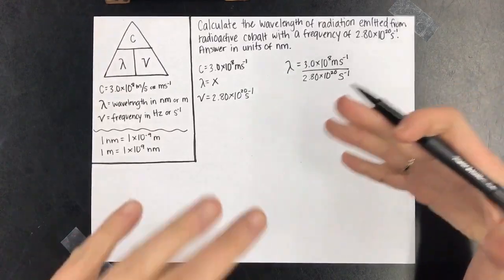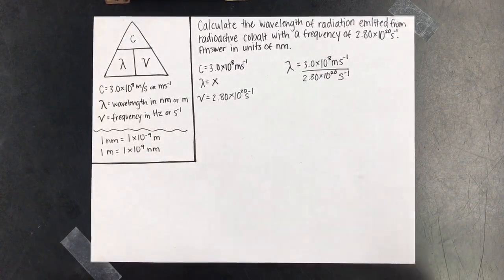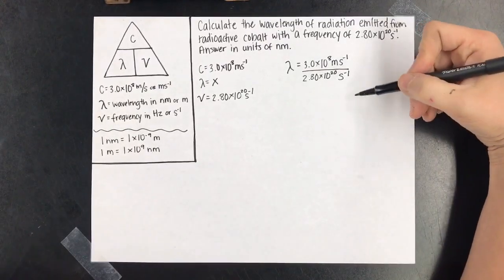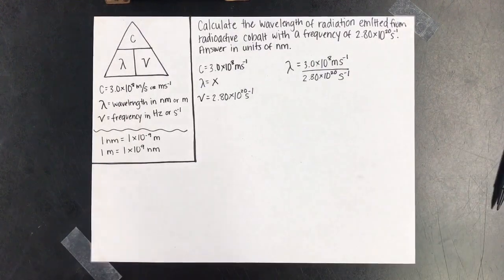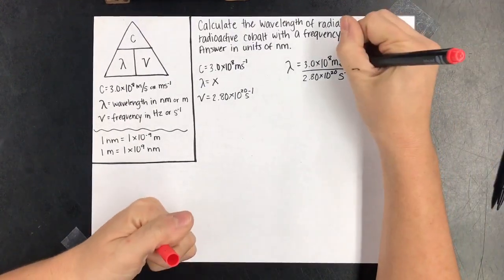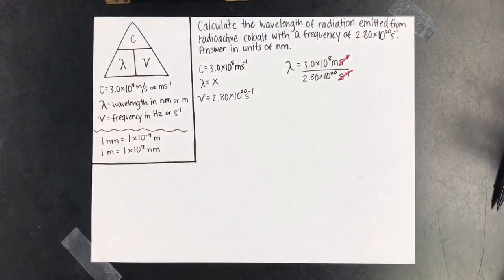Alright, so units are so important in these kinds of problems. And we've set it up nice and neat like this. So we can already see right here, we have s negative 1 in both the numerator and the denominator. So this unit's going to cancel, which is good.